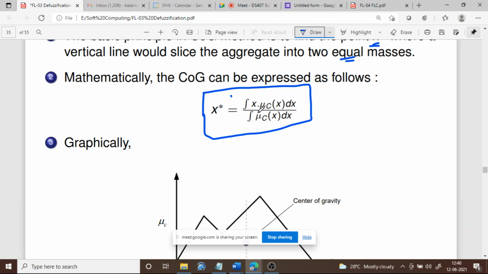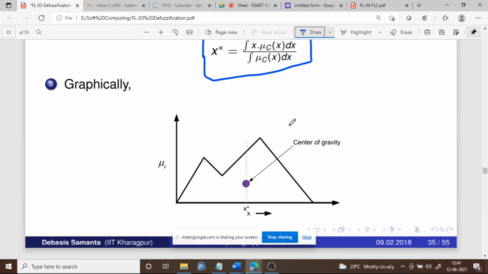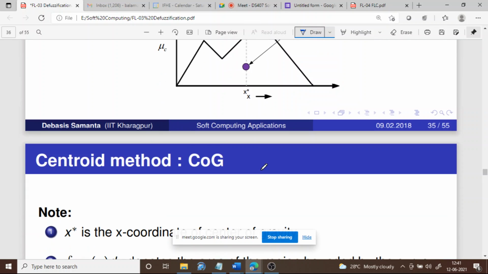In the numerator we have the integration of x into the membership value of x dx, but in the denominator we only have the membership value of x dx. Logically, given a membership function represented as a graph, we have to find a point x star such that when a vertical line is drawn it will divide that graph into two equal parts.